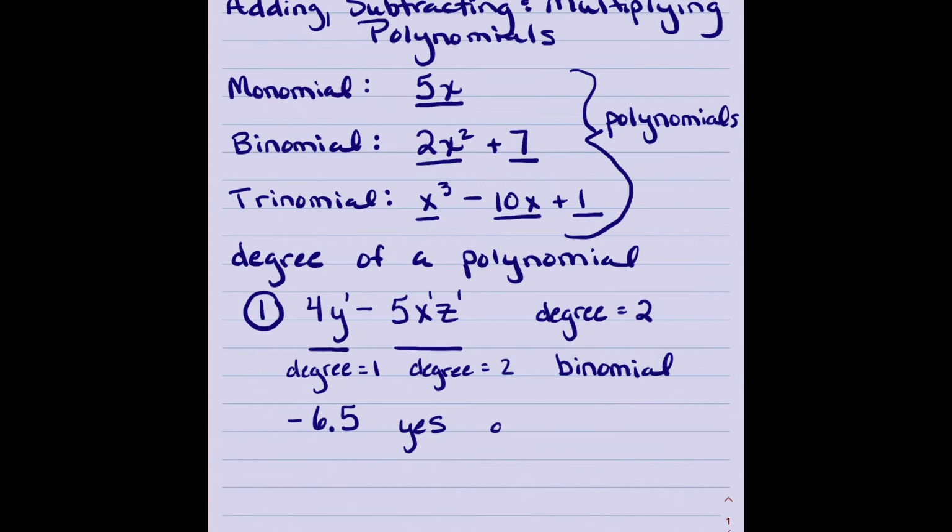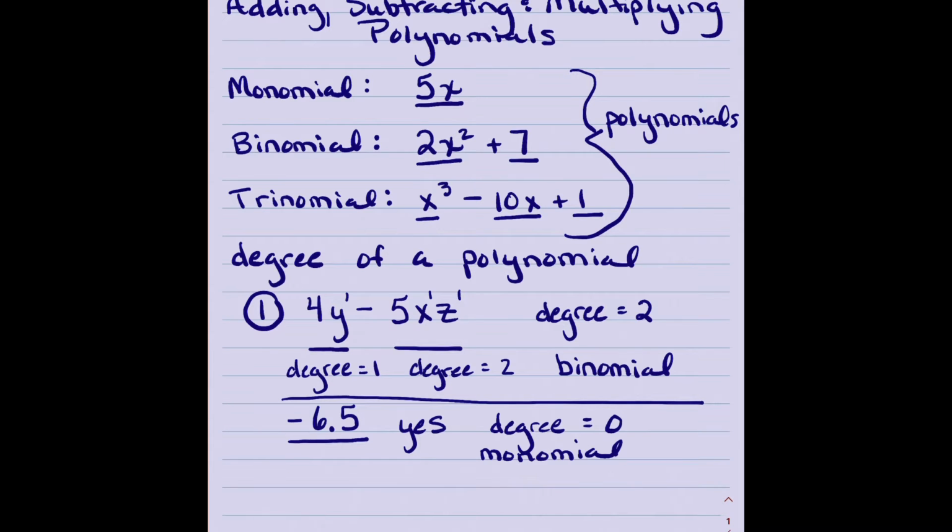The degree of this, because there are no variables with exponents, is 0. And since there is only one little grouping, we are going to say that this is a monomial. You can draw lines between these examples if you want. I didn't give them numbers.